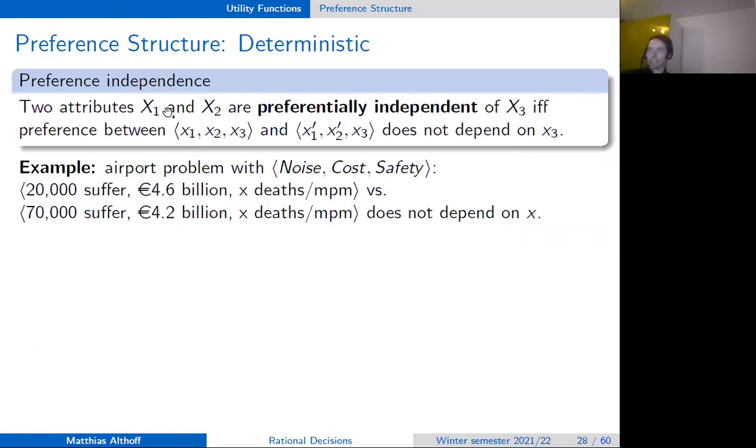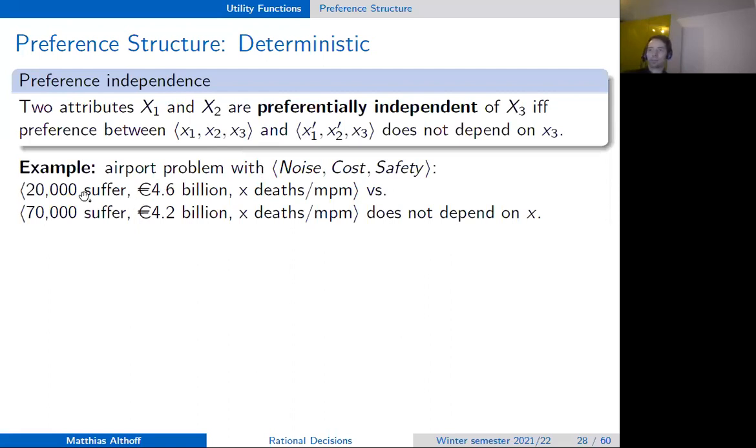Two attributes x1 and x2 are preferentially independent of x3 if and only if preferences between x1, x2, x3 and x1 prime, x2 prime and x3 prime do not depend on x3. So if I change x1 and x2, then what value I have for x3 doesn't matter. In the airport example, this would look like this.